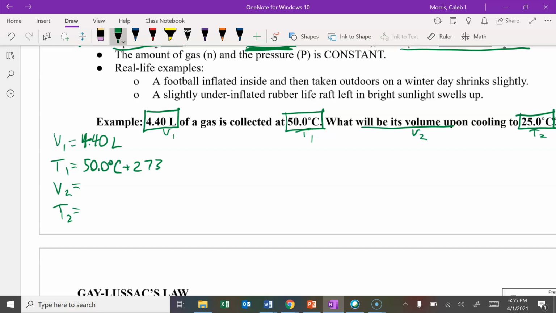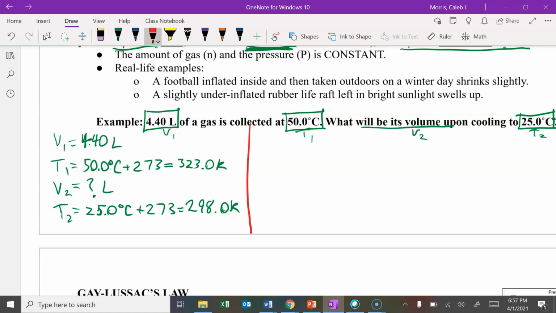V2 is what I'm looking for, and it should give me units of liters since I had units of liters as the other volume unit. All right, and then T2 is 25 degrees Celsius, which we'll add 273 to. All right, and 50.0 plus 273, if you put that in your calculator, you'll get 323 Kelvin. And if we add 25 plus 273, we get 298.0 Kelvin.